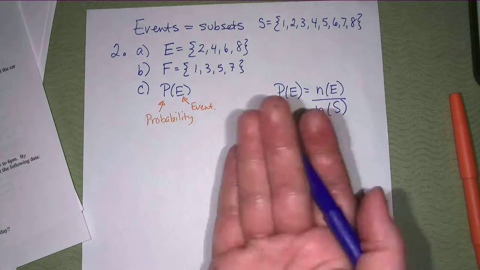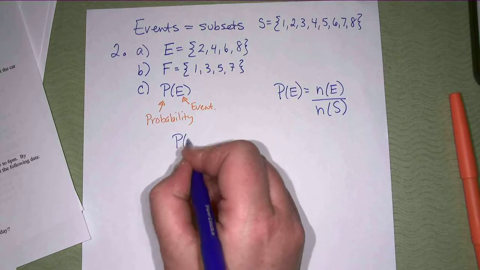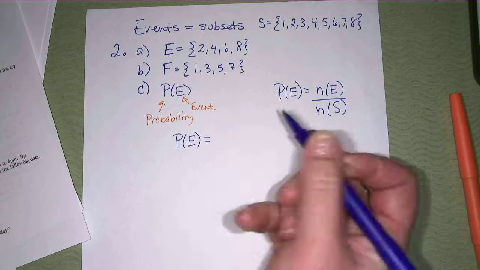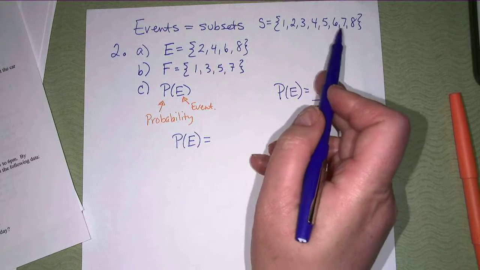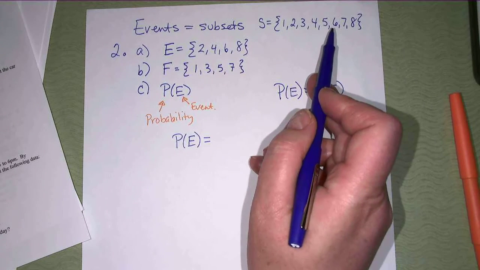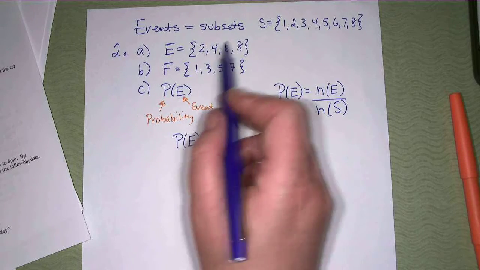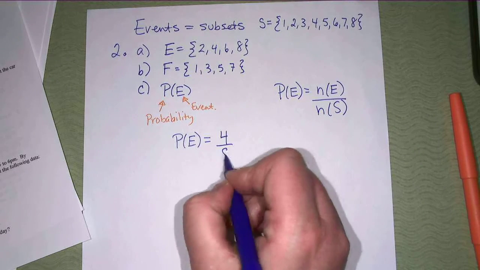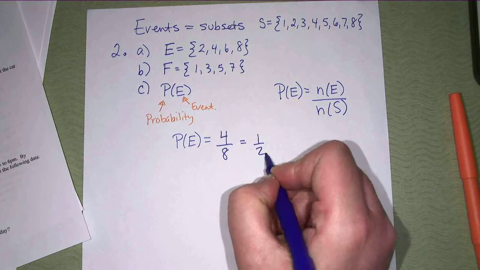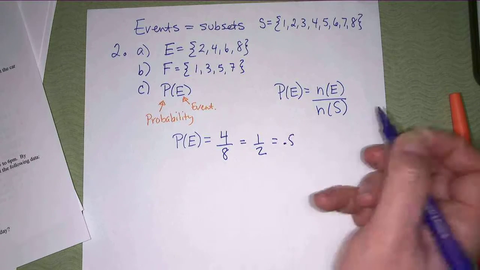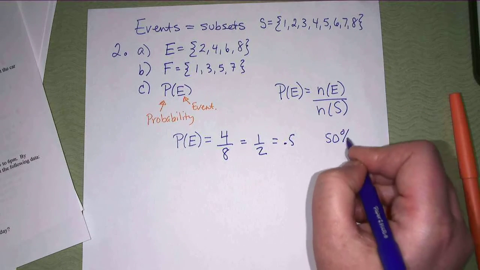But in this question, it's saying what's the probability that an even number is rolled? Well, half, right? It's an 8-sided die, half of them are even and half are odd. But if we look at the formula, it's 4 divided by 8, which is the same as 1/2 or 0.5. Or you could say 50% chance.